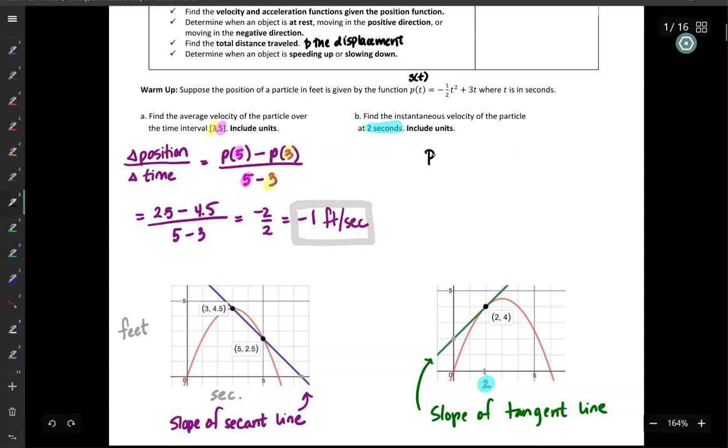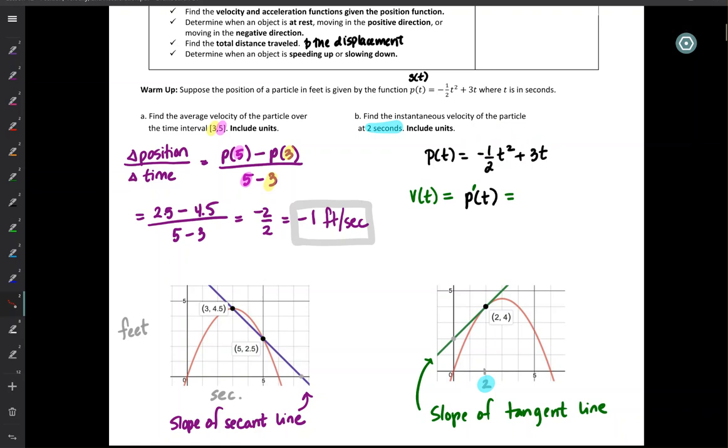My position function is minus 1/2 t squared plus 3t. My velocity function, I'm going to use v for velocity, is the derivative of my position function, which we can go ahead and do. We love taking the derivatives of polynomials. I have one function of t plus another function of t.